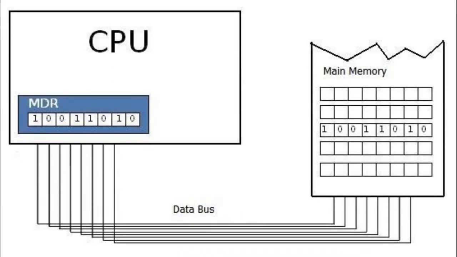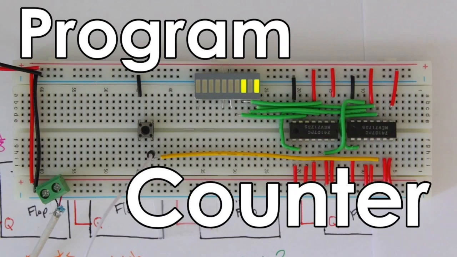It contains a copy of the value in the memory location specified by the memory address register. So when you talk about a memory data register, what comes to mind is that the information comes from a peripheral device.